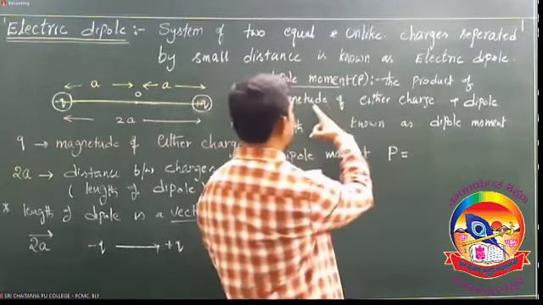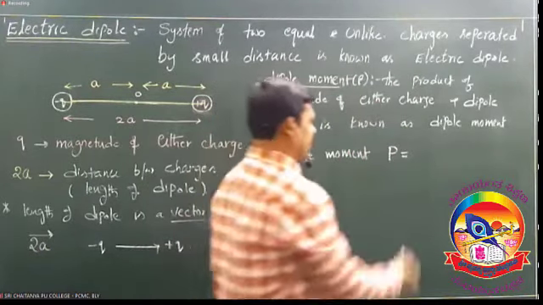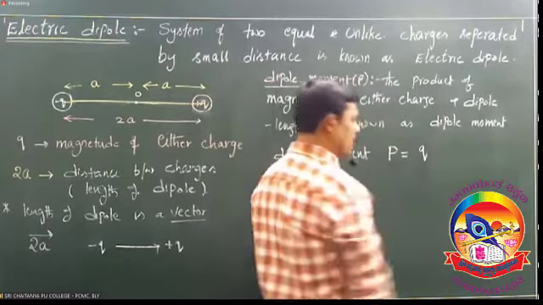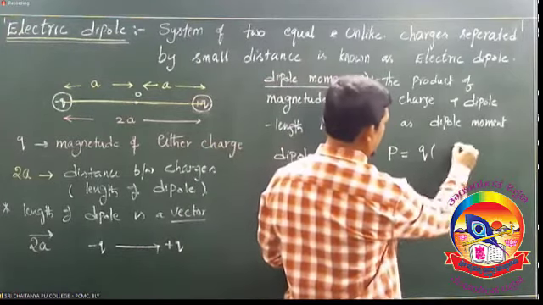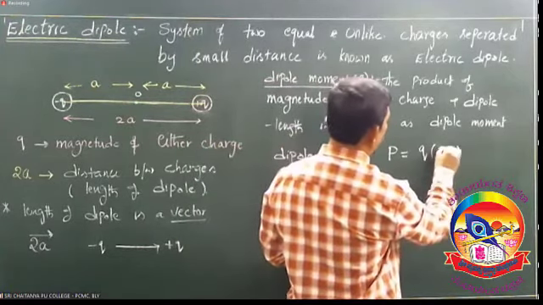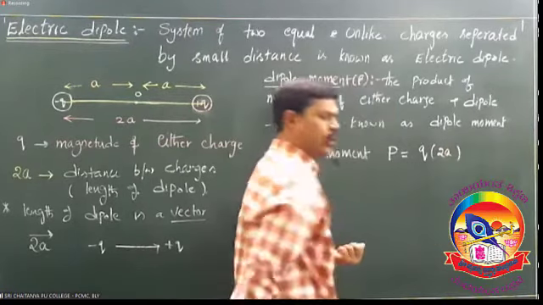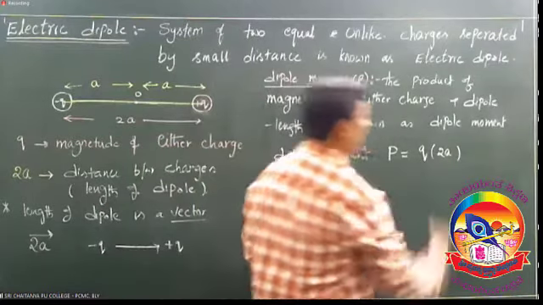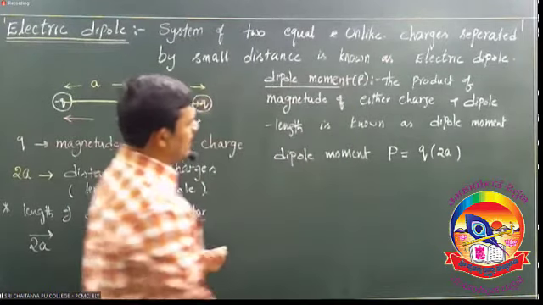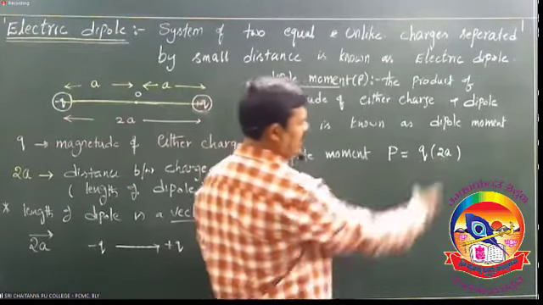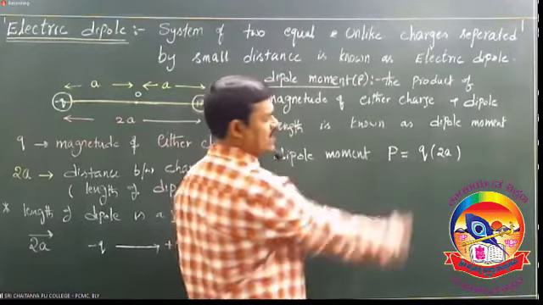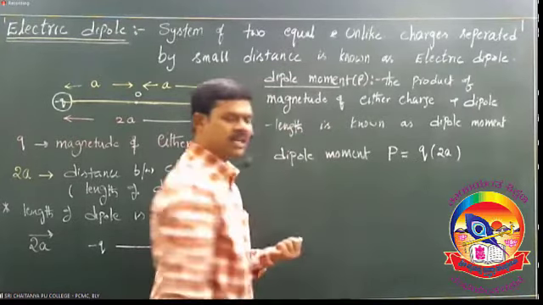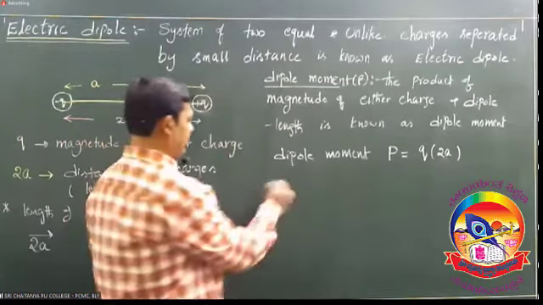What we said, it is the product of magnitude of either charge Q into length of the dipole 2a. Q into 2a. This is the formula of dipole moment. In this, if 2a is a vector and Q is a scalar, then p is also a vector.